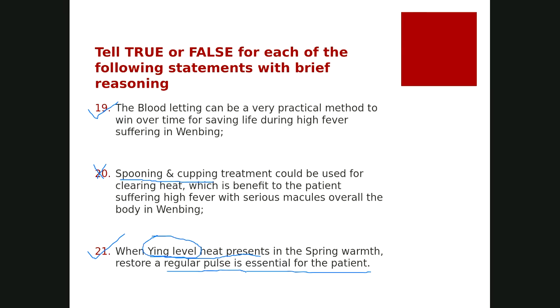Yep, perfect. Thank you. It's a very good question, actually. It helps us understand the formula, understand what spring warms means compared with wind warms, what the clinical features are regarding exuberant heat, and why they can affect the nutritive level, because they're so hot and transmit very fast.